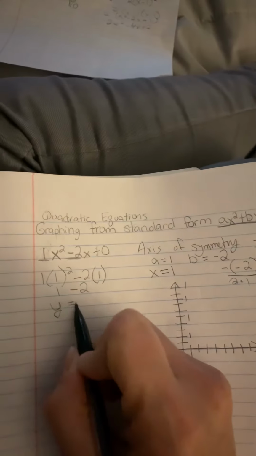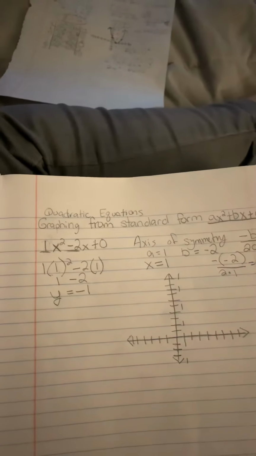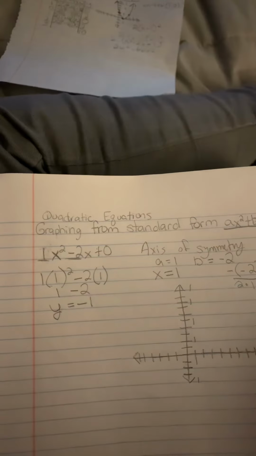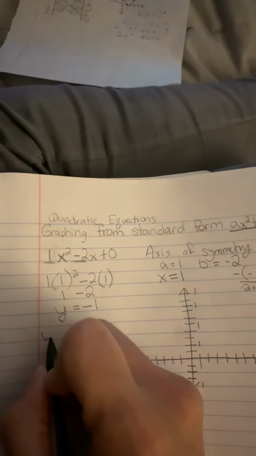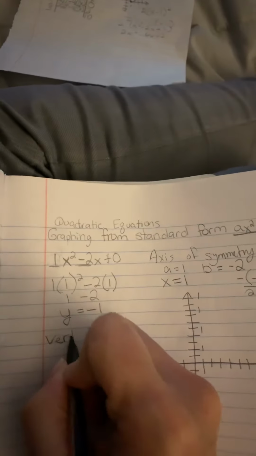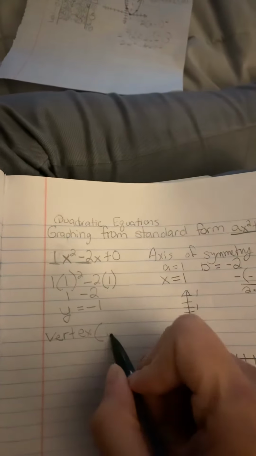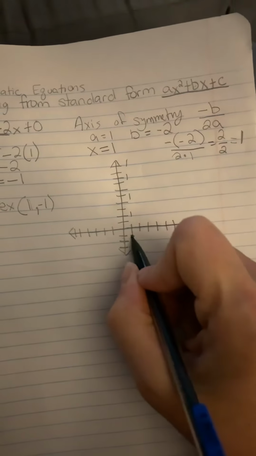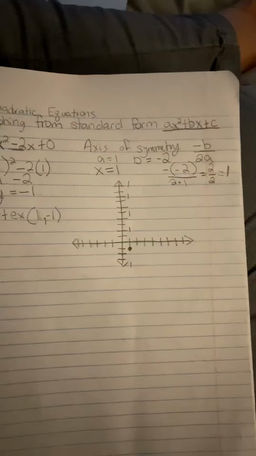So y equals negative 1, which means my vertex is at x of 1 and y of negative 1. All right, so 1, negative 1.